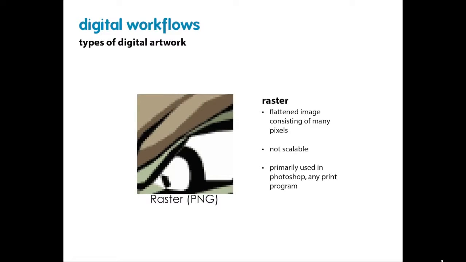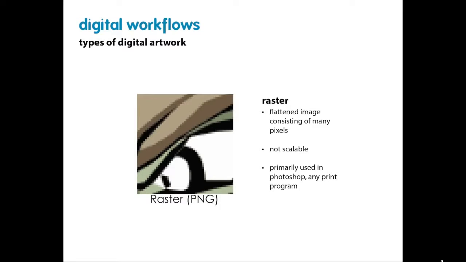Then put this in contrast with a raster, which is a flattened image consisting of pixels. You can see here how there's a jagged sawtooth look around all of those edges. That's because when you're working with rasters, it's effectively a grid of pixels where each little square has its own color value, and that color value is fixed in space.